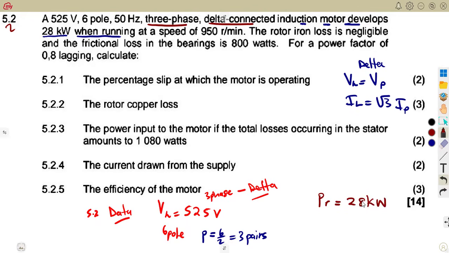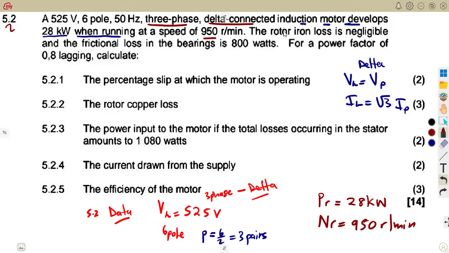So take note there, because this is the output, yes, but of the rotor, considering the rotation while it is running, because there is that mechanical power at the end. So you must be careful on this one. The speed of the rotor when running is 950 revs per minute.